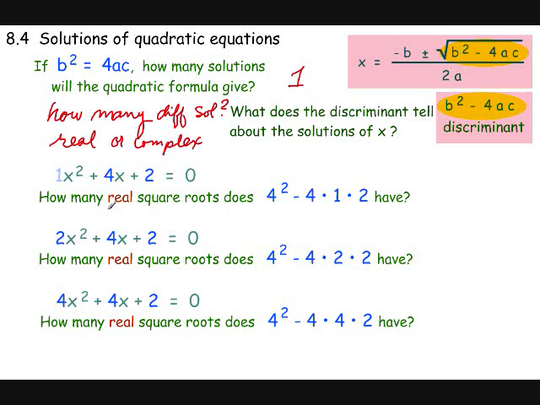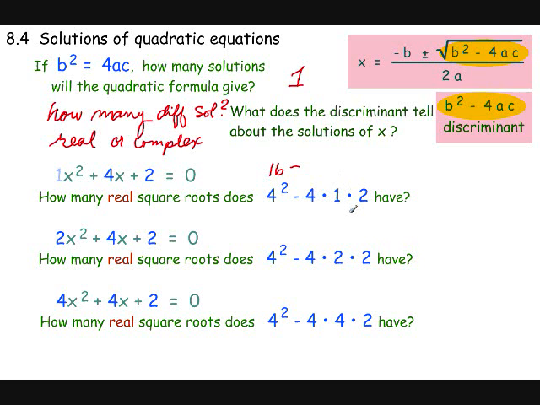So we look at the discriminant, which is b squared, which in this case would be 16, minus 4ac. So a times c in this case would be 2 times a negative 4. There it is, 1 times 2 times a negative 4.